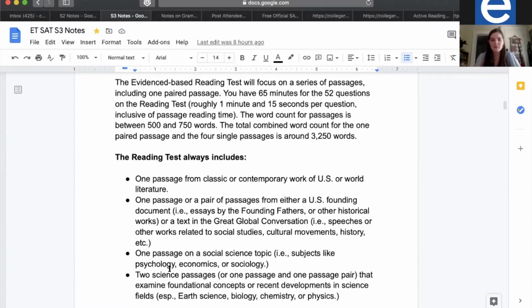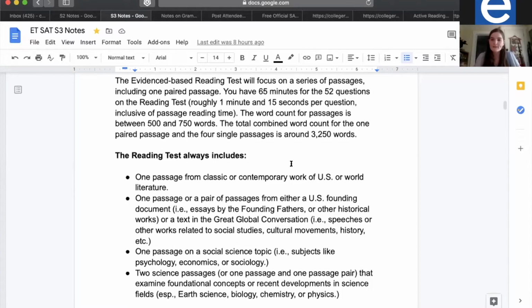I honestly recommend trying to aim for 12 minutes per passage, in order to give yourself a few minutes at the end to review and deal with any ones that you needed to review, where you were just trying to get an answer so you could finish and then come back. The word count tends to be between 500 and 750 words.